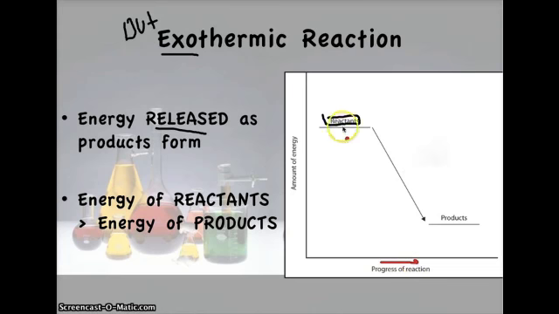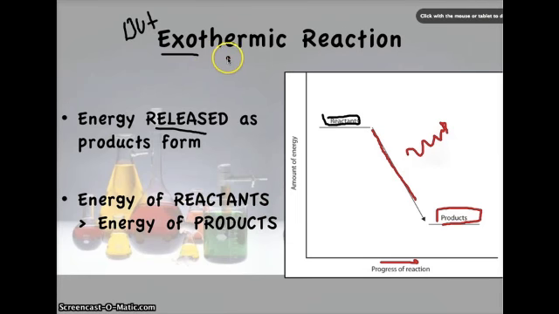Okay, so we start with our reactants. As the course of the reaction goes on, we decrease the energy because the energy is being released. Okay, so this is the energy coming out from the chemical reaction. And then we have our products here at the far right. Okay, so what's going on in this equation? When there's an exothermic equation, we release energy out of our reactants, and then we end up with our products.